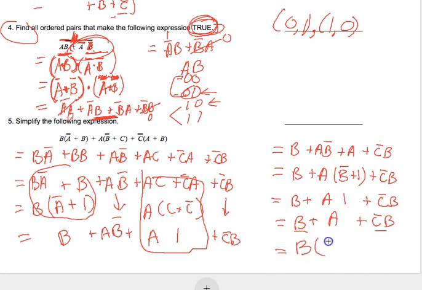So I'm left with b, 1 plus c, plus the a is I just shifted it over. 1 plus anything is 1. And so I'm left with simply b plus a. And I would like to write it in the form where alphabetically a is before b in the alphabet. So that's the way I'm going to express it as my final simplification.